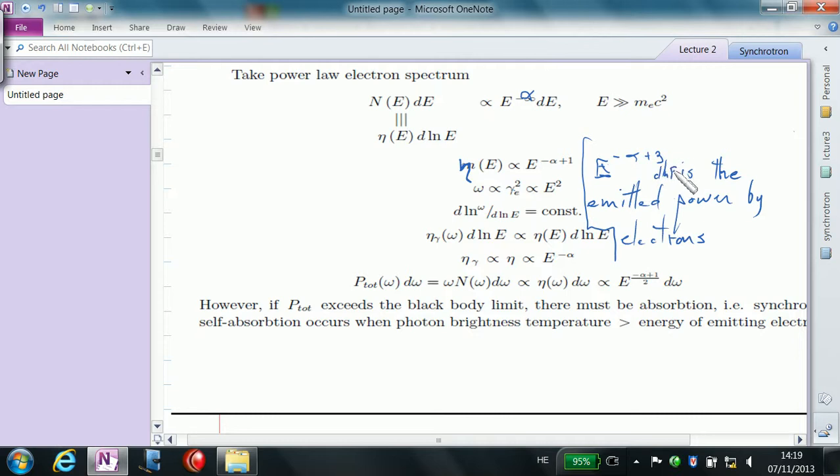We'll write d log E here, at, say, the log of the energy between log E and log E plus d log E.